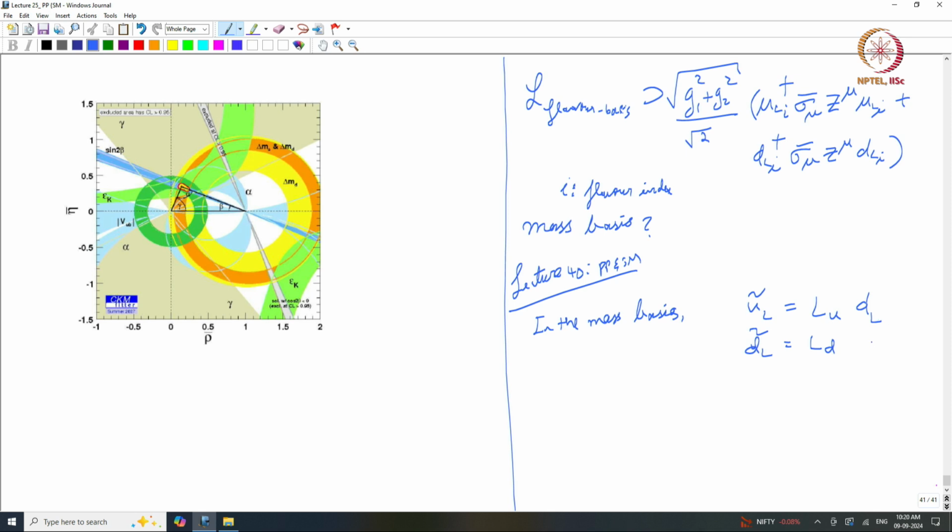Maybe I am not using a consistent notation, so let me call this with a prime. These were 3 cross 1 in flavor space, and then we hit them with unitary matrices, again acting on flavor space, in order to rotate the quark fields into the mass basis, correct. Now what happens if I do that here?